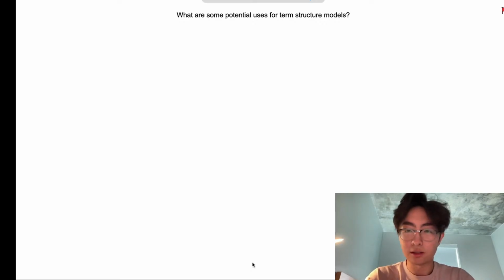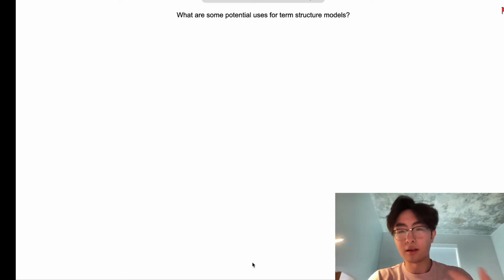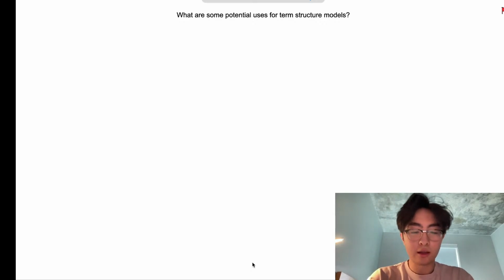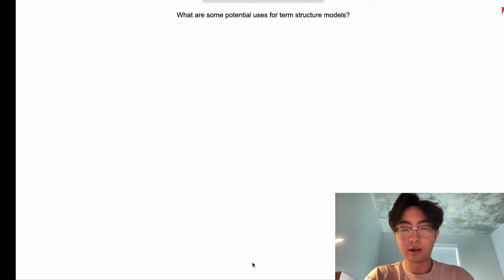So one is the day-to-day, and then also a function of maturity. And given the day-to-day and maturity, then it'll spit out an interest rate or a yield for a fixed income security that matures at some date in the future.